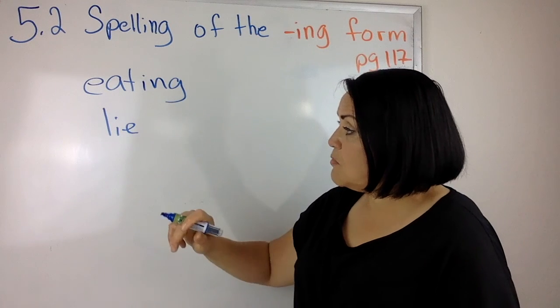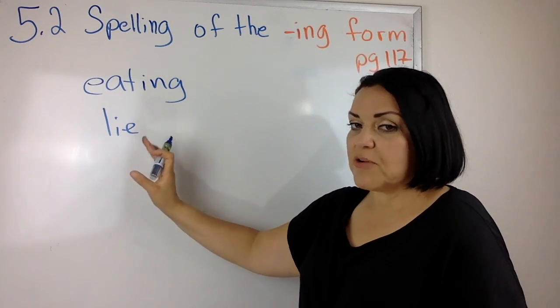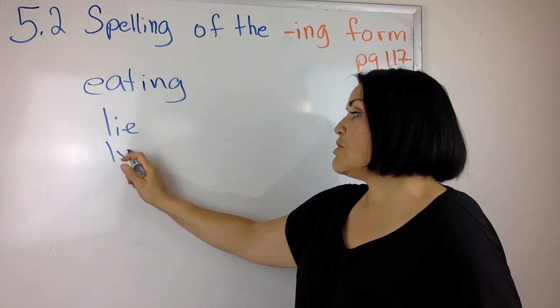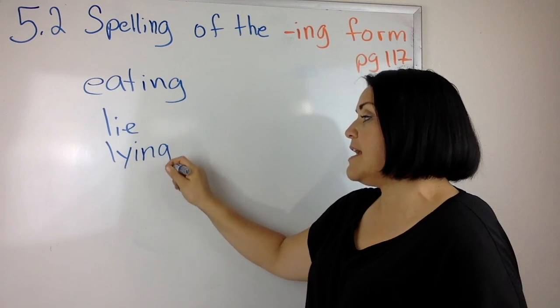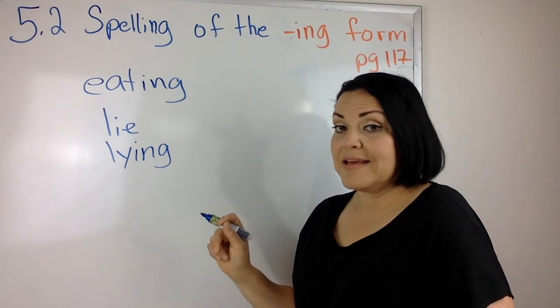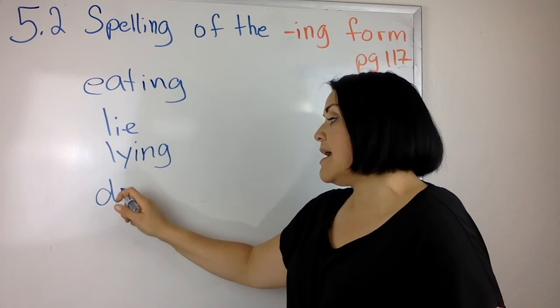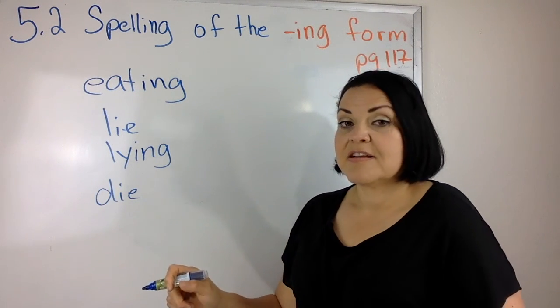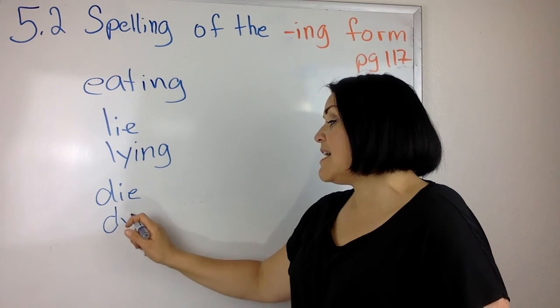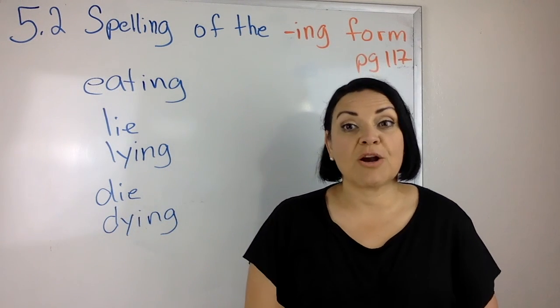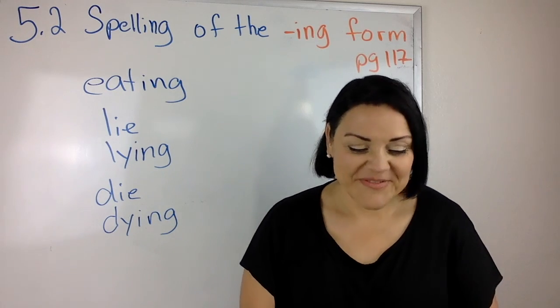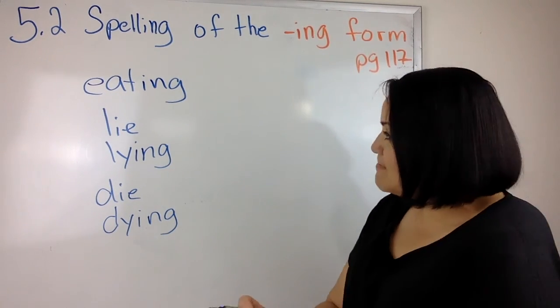These particular words, like lie, you would change the IE to a Y and add ING. Lying. Like die. I am dying, teacher. Too much homework. I'm dying. Okay, that's a very common one.